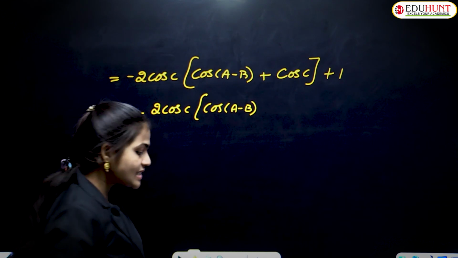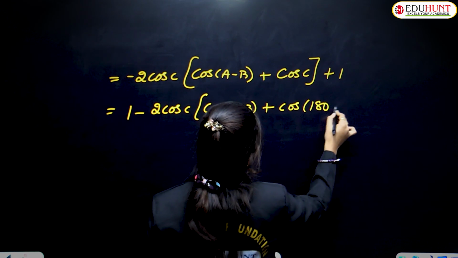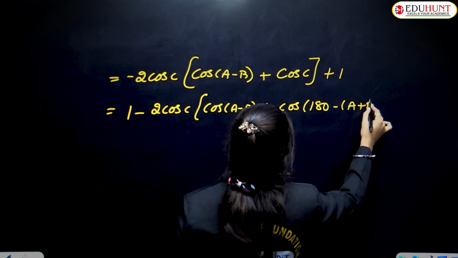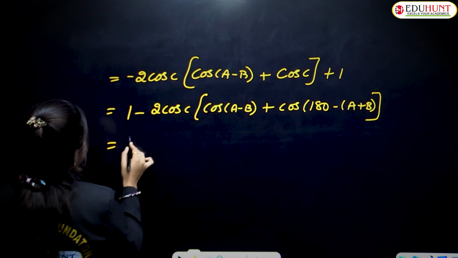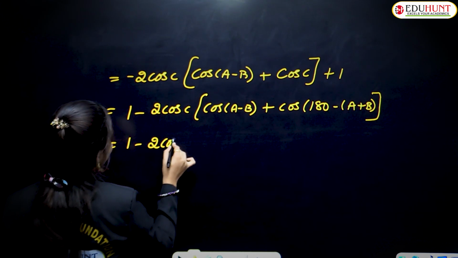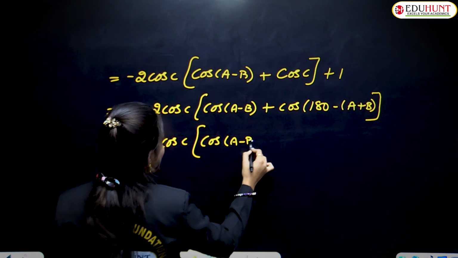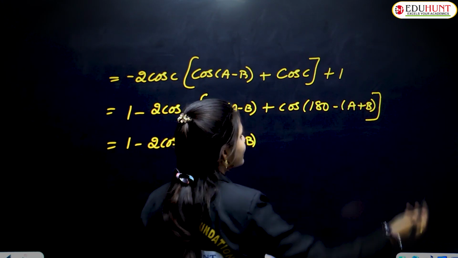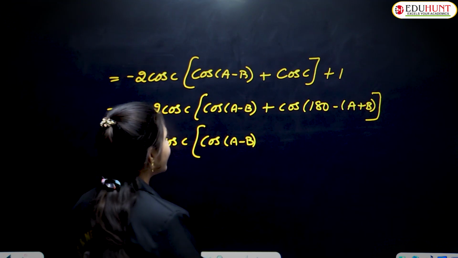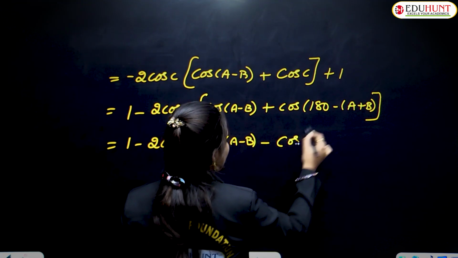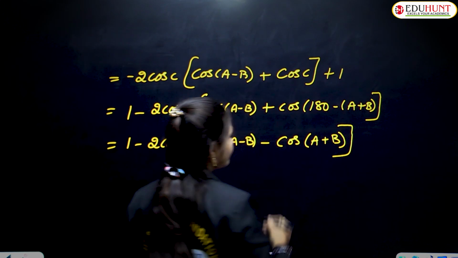And we know that in place of cos c we can write cos of 180 degrees minus (a plus b). Why? Because already we did this. So from this, 1 minus 2 cos c into cos of (a minus b), and here minus cos theta will come, no? So plus into minus gives minus cos theta. In place of theta we have here a plus b. Clear?